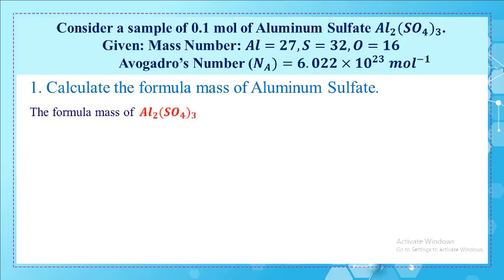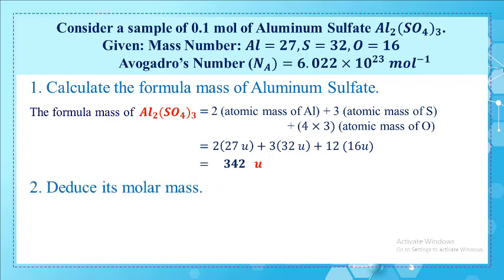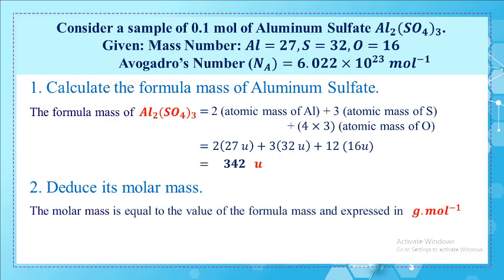The formula mass of aluminum sulfate is equal to the sum of the atomic masses of all the atoms present in aluminum sulfate, which is equal to 342 u. Deduce its molar mass. The molar mass is equal to the value of the formula mass and expressed in grams per mole. So the molar mass of aluminum sulfate is 342 grams per mole.